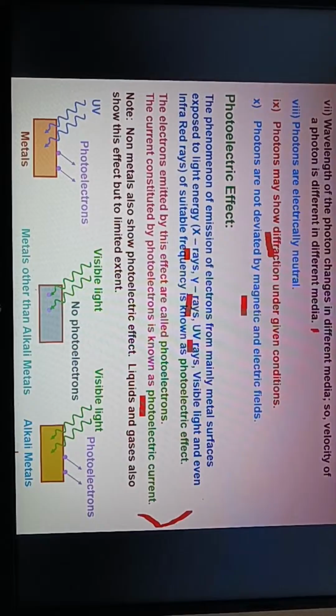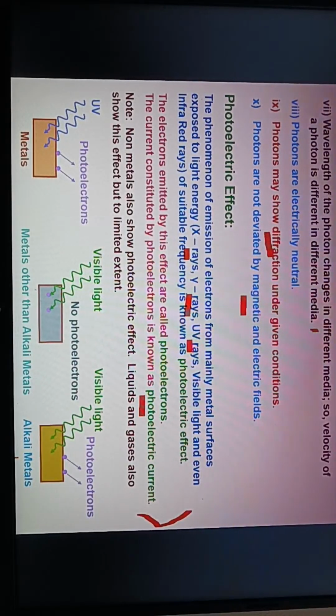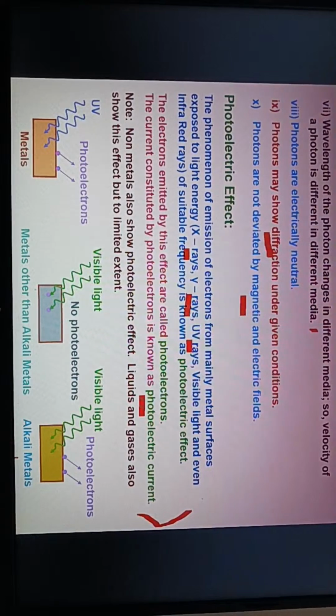Sir, why alkali metals? Alkali metals have less ionization energy. Electrons are easily removed, they are free electrons. Here metals need more energy. So out of visible light and UV light, which is having more energy? UV light, sir. You know the electromagnetic spectrum.